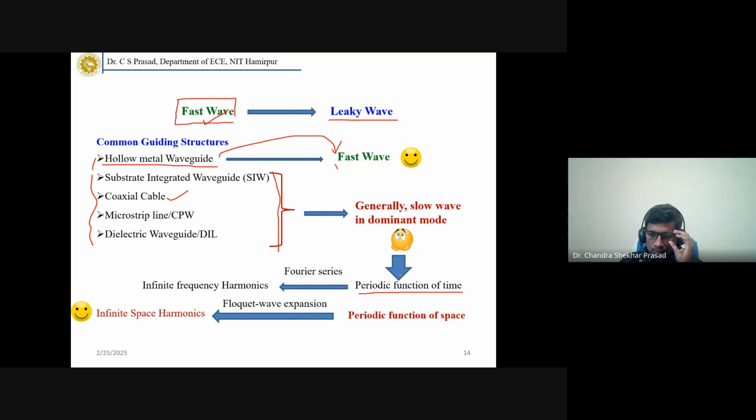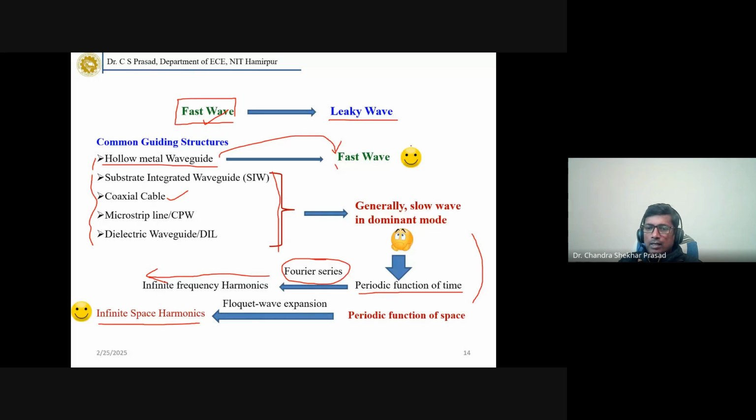So now you know this theory. If you have a periodic function of time, then we apply Fourier series, fine, and then we have an infinite number of frequency harmonics. Similarly, if you have periodicity in space, or a periodic function of space, we have Floquet wave expansion theory, and that gives you an infinite number of space harmonics.